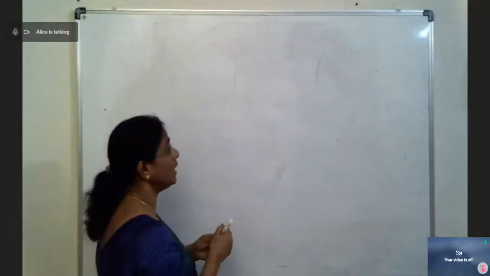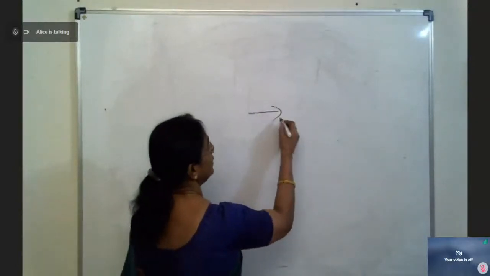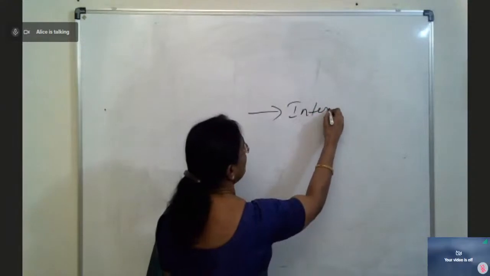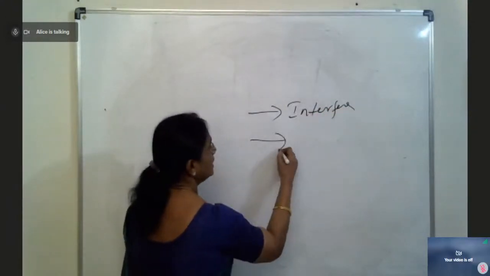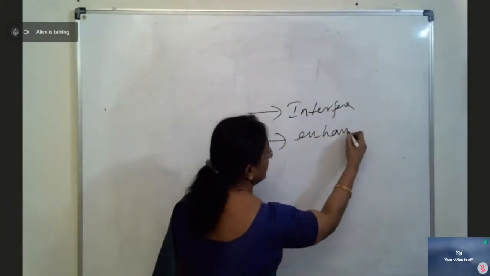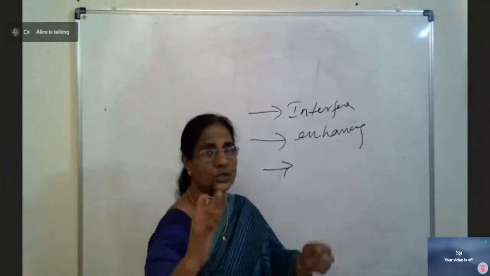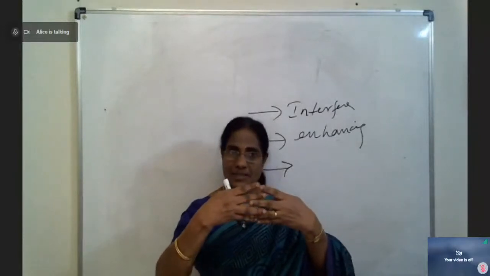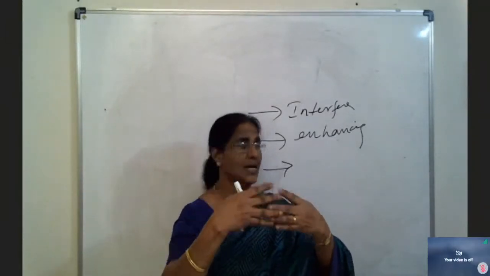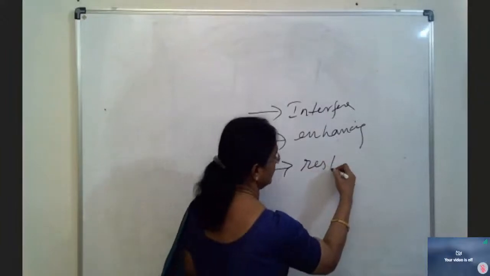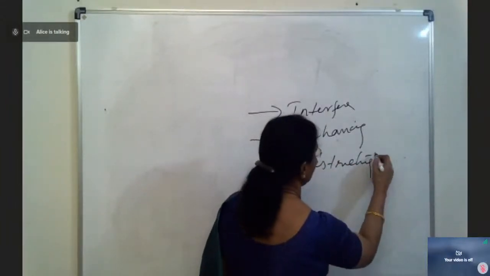Either way, interfering with the trade. How do you interfere with trade? Either by enhancing trade, trading more than what is actually determined by the market, or restricting trade. That is also not good.